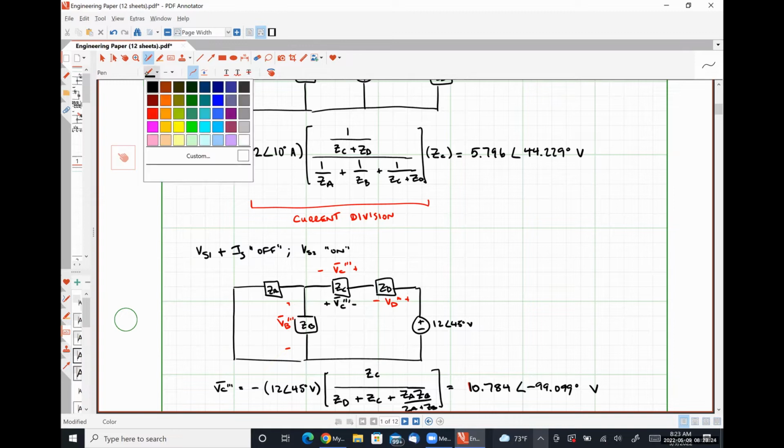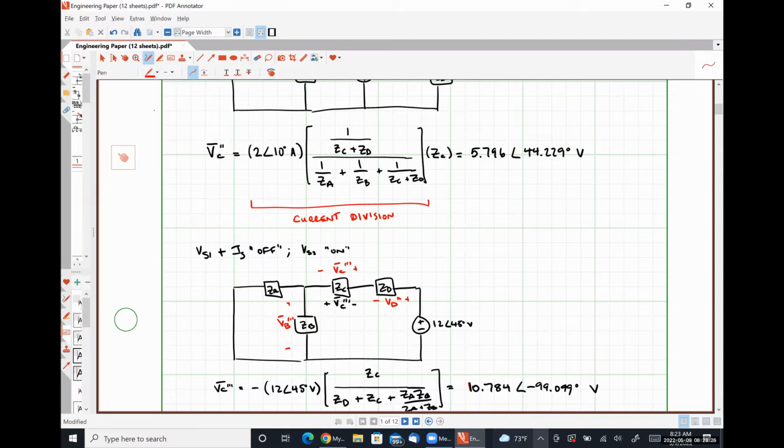And since I want to do this all on one page, we could say then that VC is VC prime plus VC double prime plus VC triple prime. And I conveniently stored the results of my three superpositions as variables in my calculator.